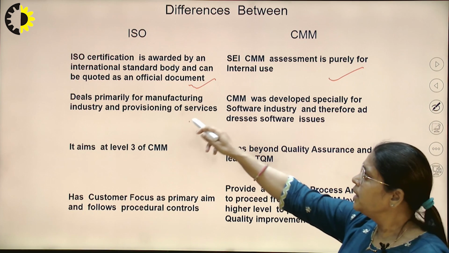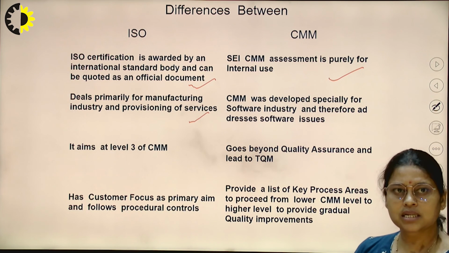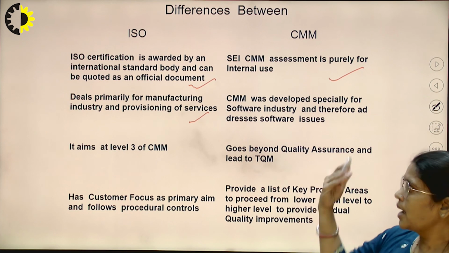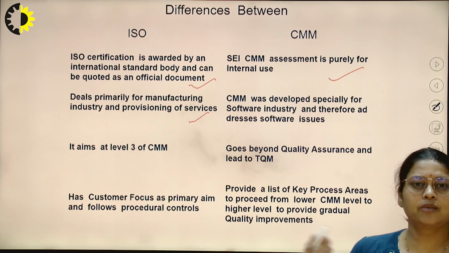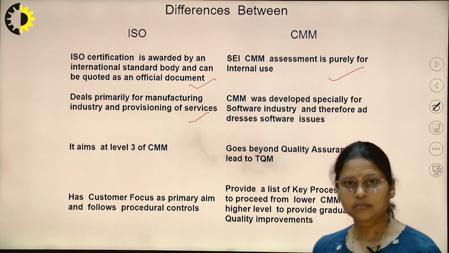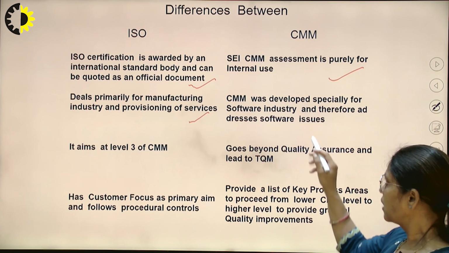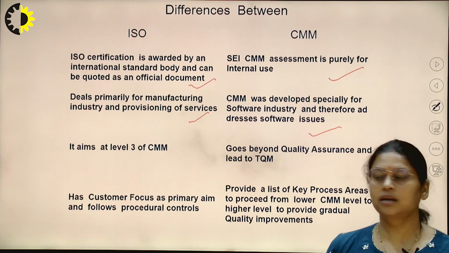ISO deals primarily with the manufacturing industry and provisioning of services. ISO deals with any company. It may be a manufacturing industry, a software industry, or any service or installation industry. And CMM is developed specifically for the software industry.